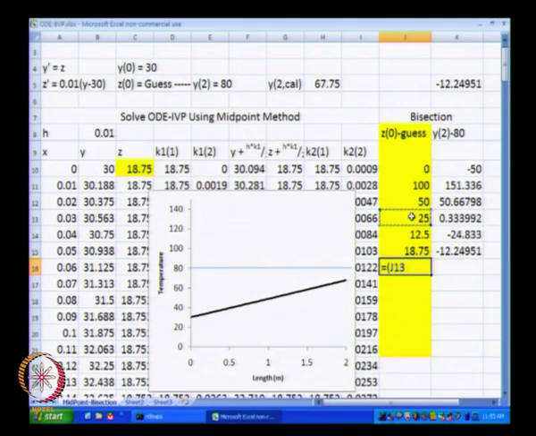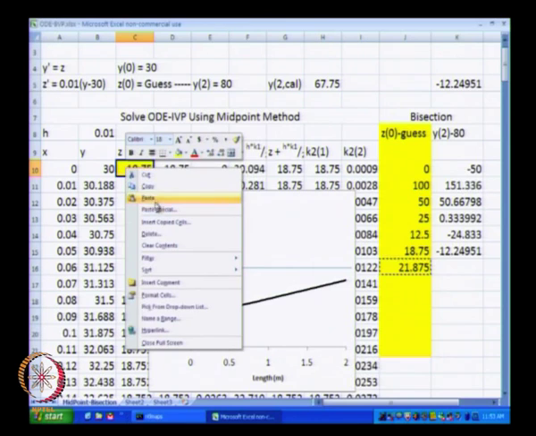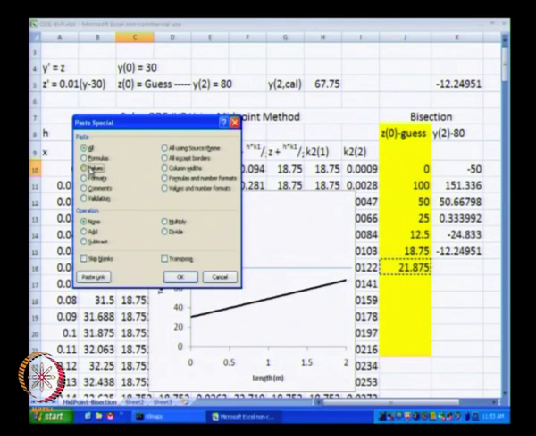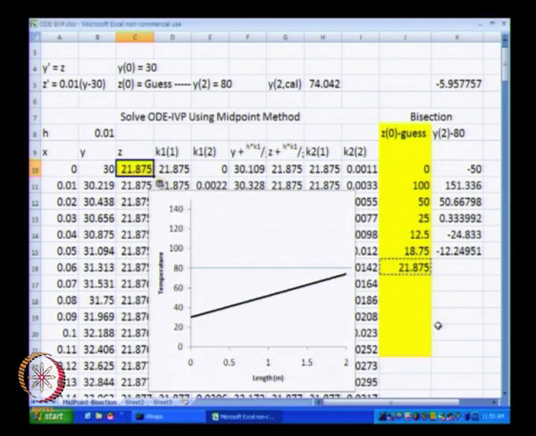So we will take 25 plus 18.75 divided by 2, that is going to be our next guess of Z0. We copy that and paste the value over there using paste special values, and now we have gotten closer to the solution than when the guess was 18.75.